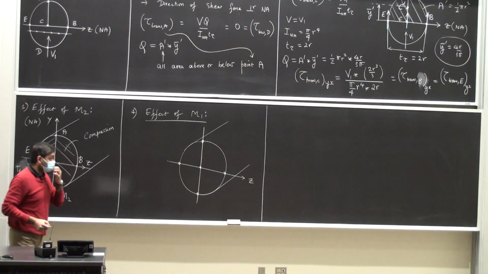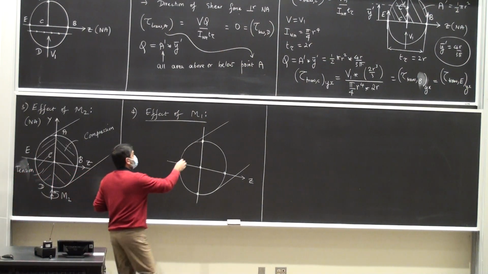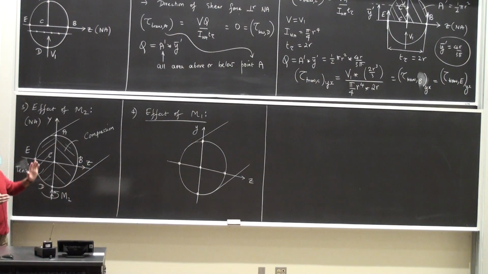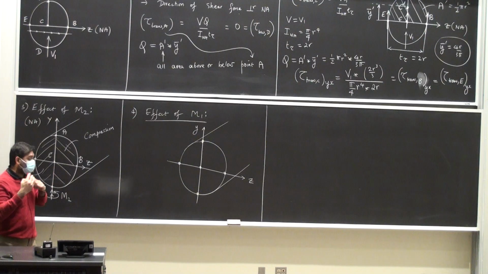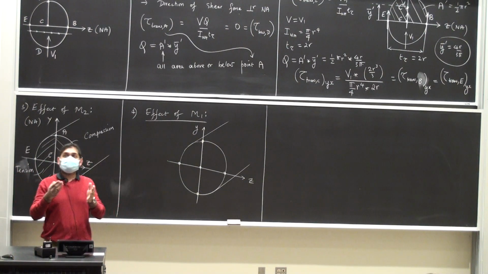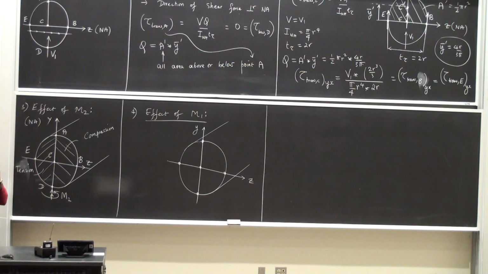In this situation, my y-axis is pointing vertically, same axis as before. The axis is really important. It's not like these axes have to be y, z, and x all the time the way I've drawn it. You can change the perspective of the axis, but the subscripts will tell me what the directionality of these stresses is.